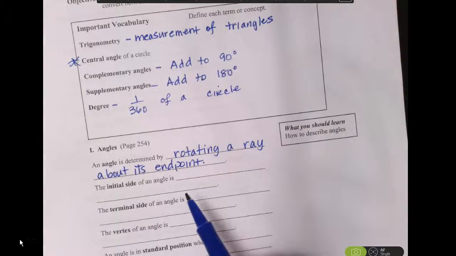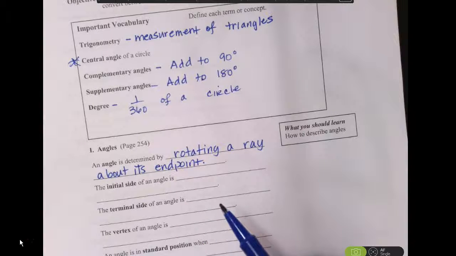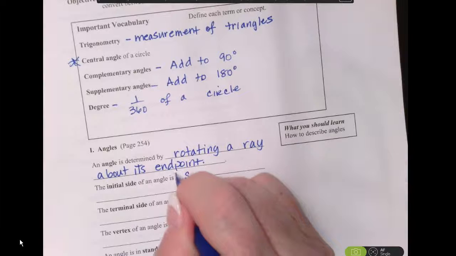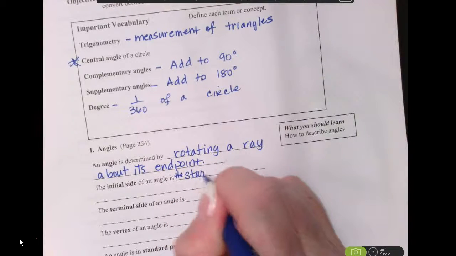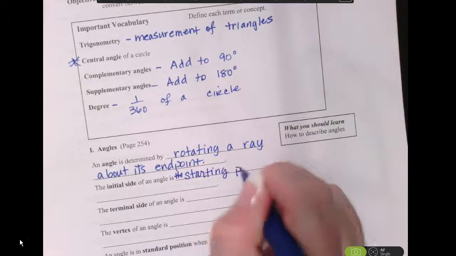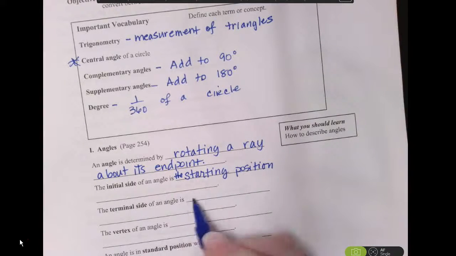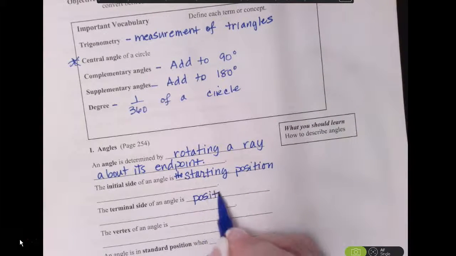The initial side of the angle is the starting position, and the terminal side is its position after rotation.